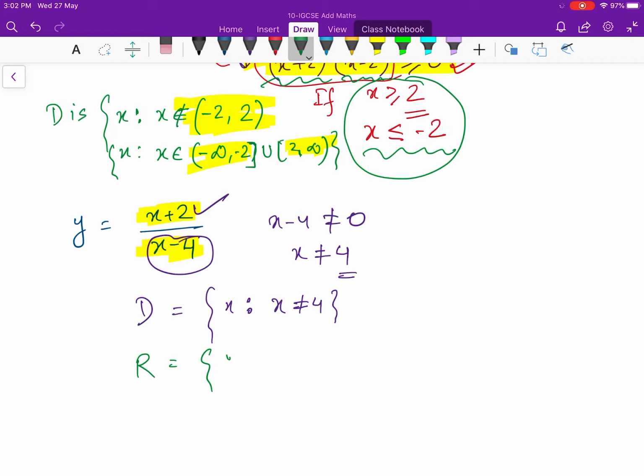So y such that y is not equal to 0. So you will not get 0. Oh no, actually y could be anything, because y could be 0 if x is minus 2. So y belongs to R here. So the value of y could be anything in this case. Fine.